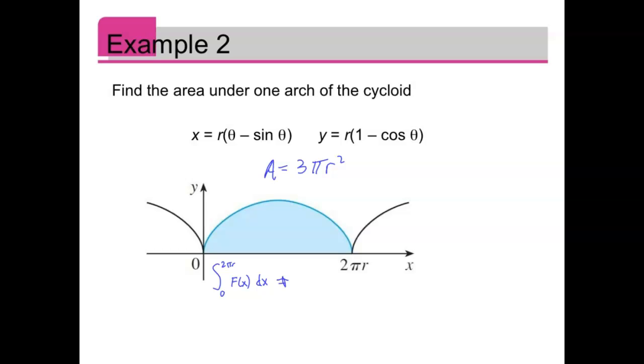But when we converted it to parametric, we had to convert our limits of integration to be in terms of theta. And so that's the work we did on the previous one. And we found that the limits of integration would be from 0 to 2 pi, where one arch is traced out between the angles of 0 and 2 pi.